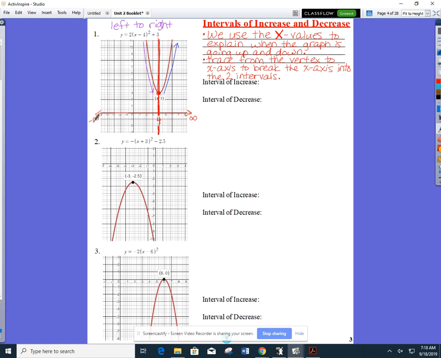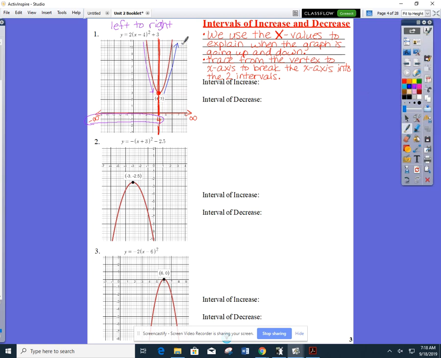So imagine this is going to keep going left forever, so it would be coming from negative infinity until you hit 4 on the x-axis. Once you hit 4, that's your vertex, you're basically going to stop going down and start going up.